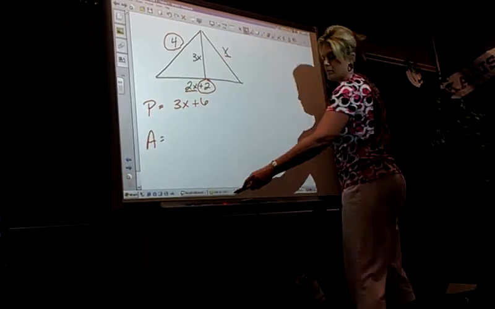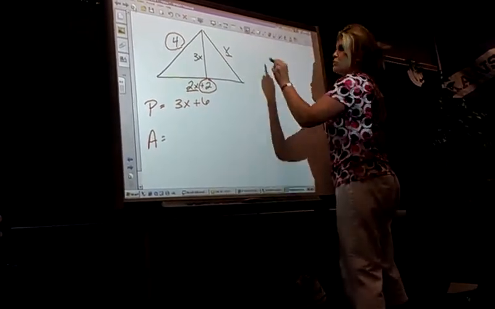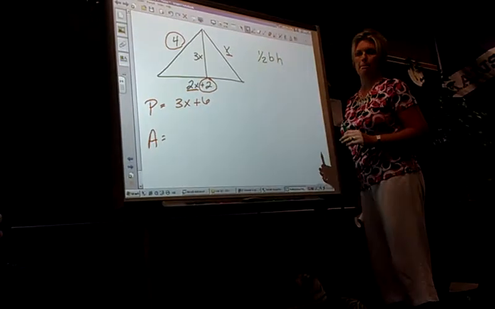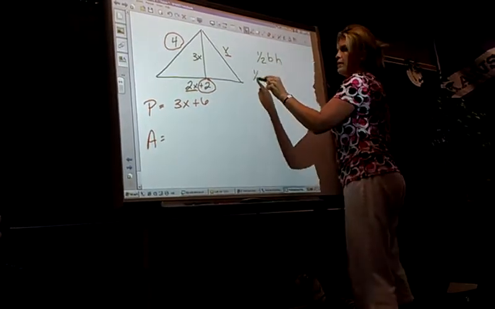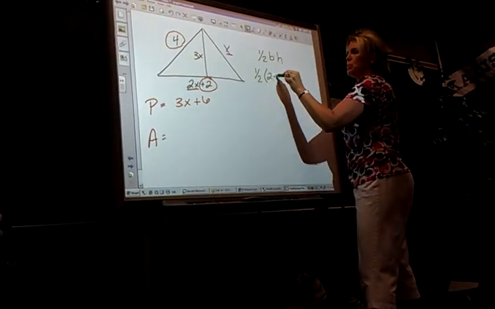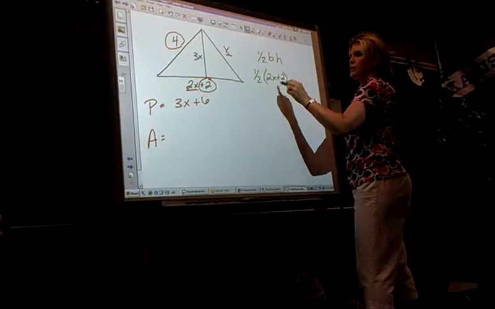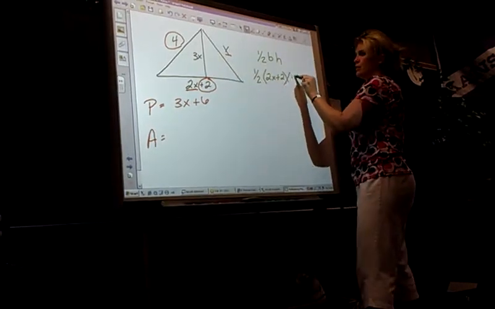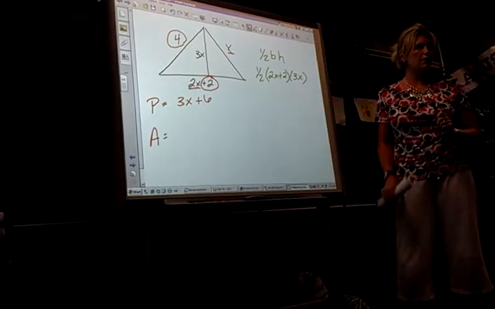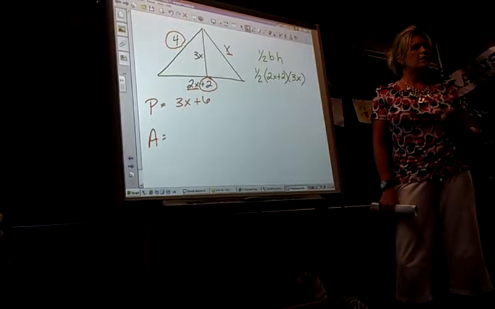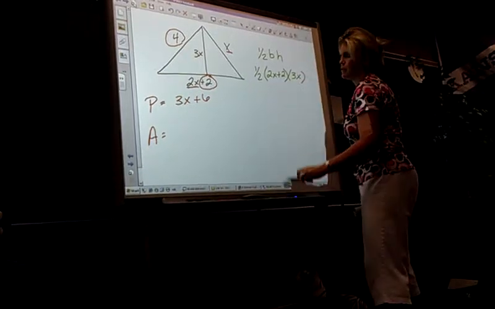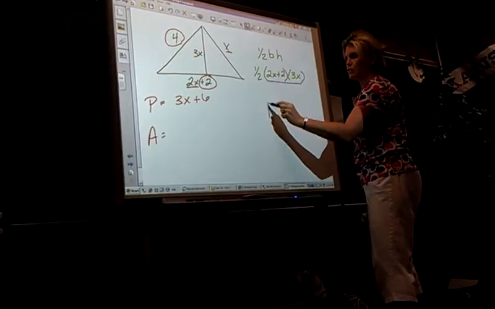The area is when we have to do 1/2 base times height. 1/2 times, I've got 2x plus 2, and my height, 3x. So there's what I have right now. The next step is to draw the box.